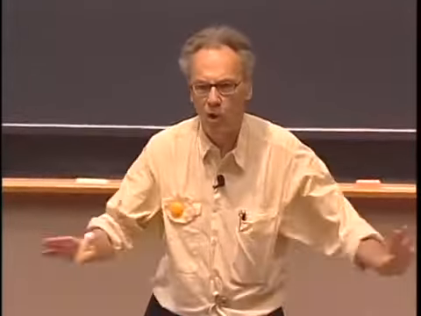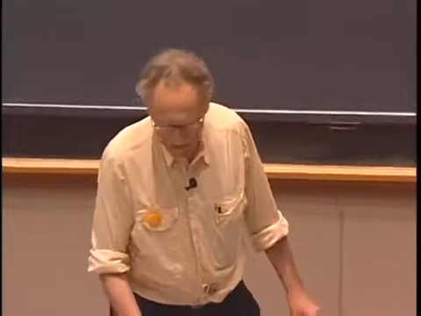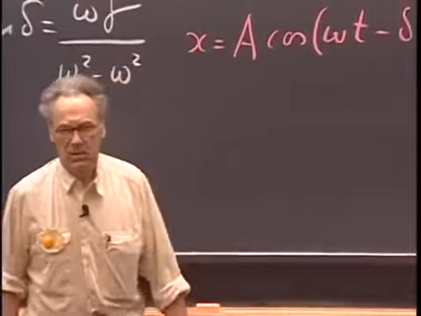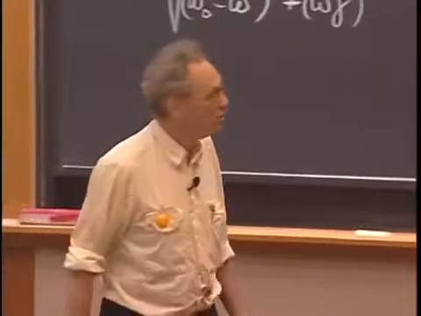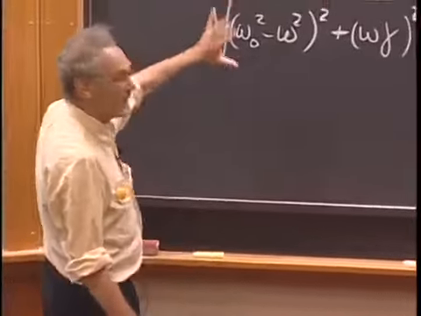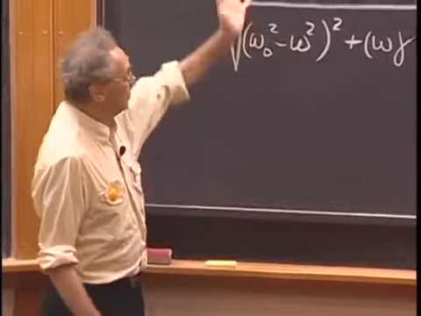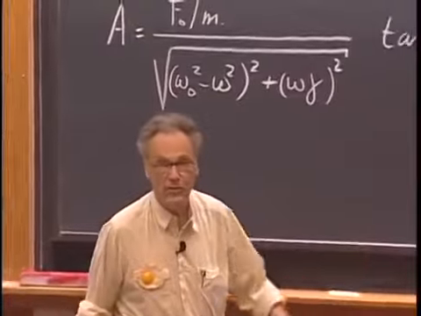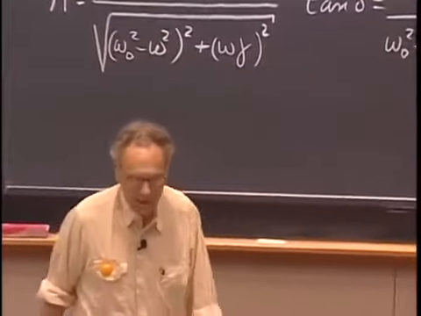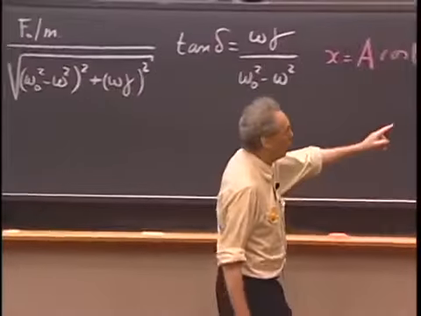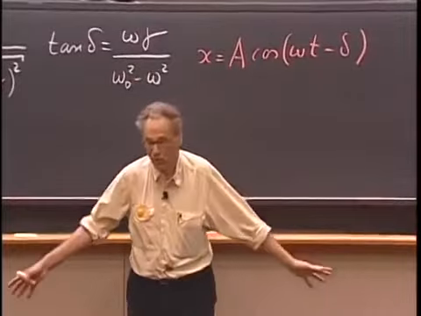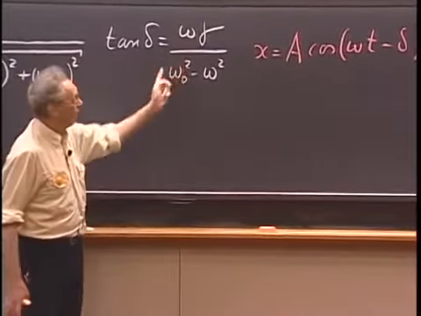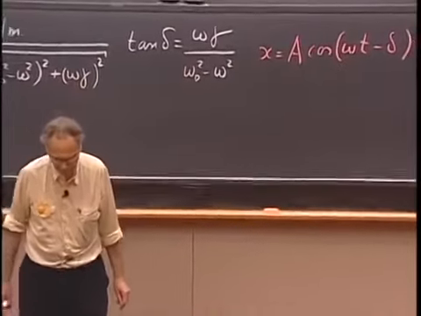It has lost all its memory. And so a, which is the amplitude of that object, is not something that you may choose. a follows immediately from this equation, which is a complex function of omega, omega 0, f0, and so on. And delta is also non-negotiable. Delta has nothing to do with your initial conditions. Delta follows from gamma, omega, and omega 0.